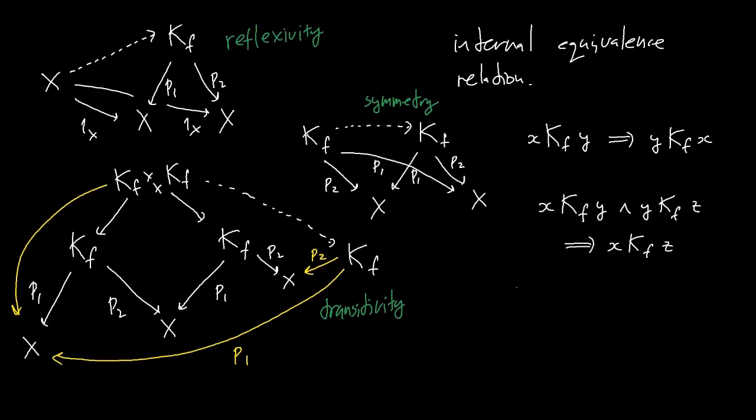So we can write this down. We haven't proved it yet, though. We still need to prove it. We just stated the definition of what it means to be an equivalence relation. A kernel congruence, and I'm not going to use internal every time, so I'm just going to call it, is an equivalence relation.